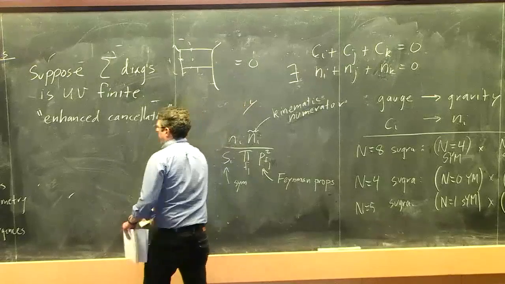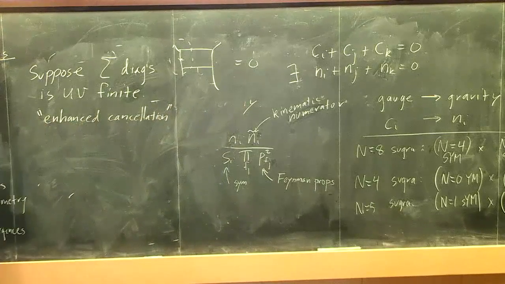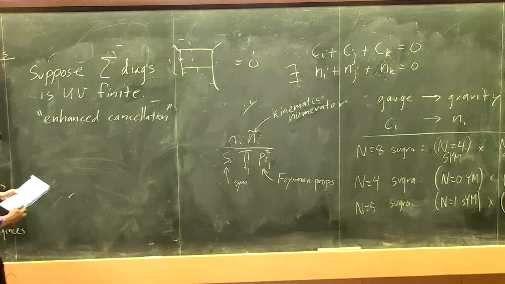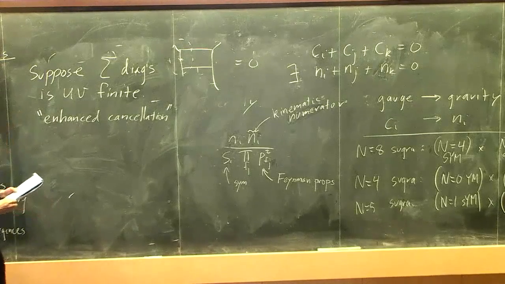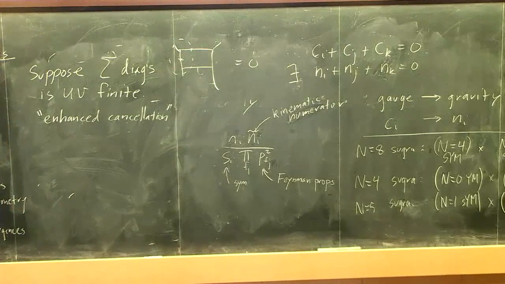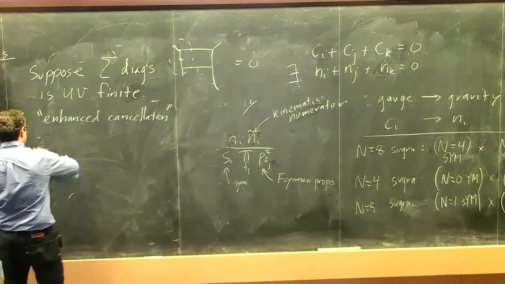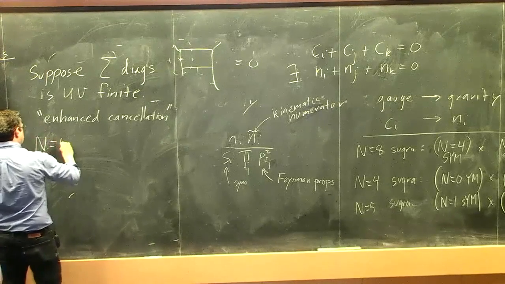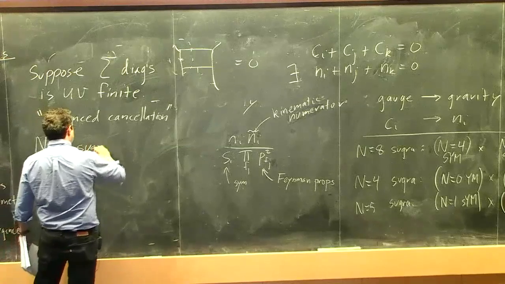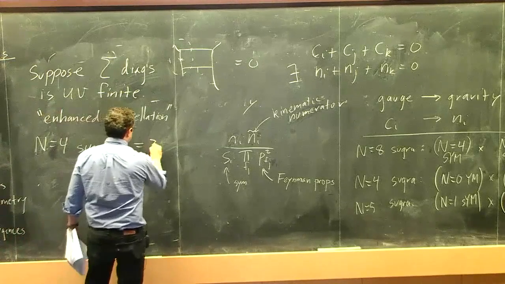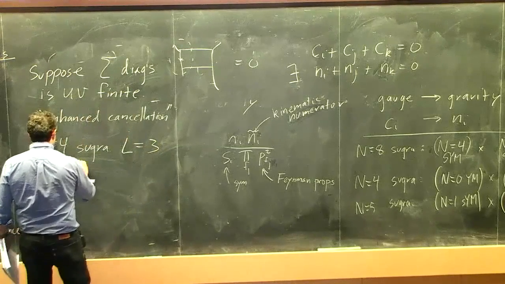And in fact, it is finite. We calculated it. This was done with Scott Davies, Yutin Wang, and Tristan Dennen. It is finite. N equals 4 supergravity at 3 loops and d equals 4.